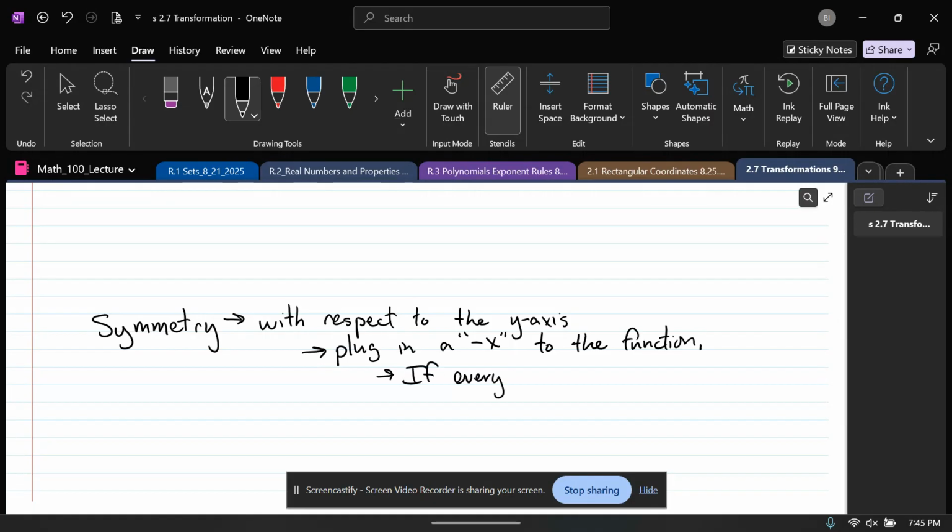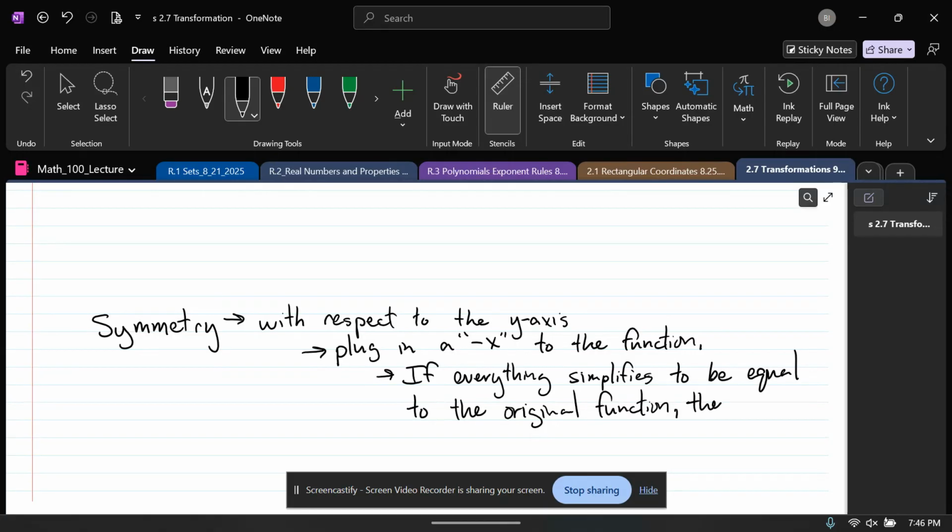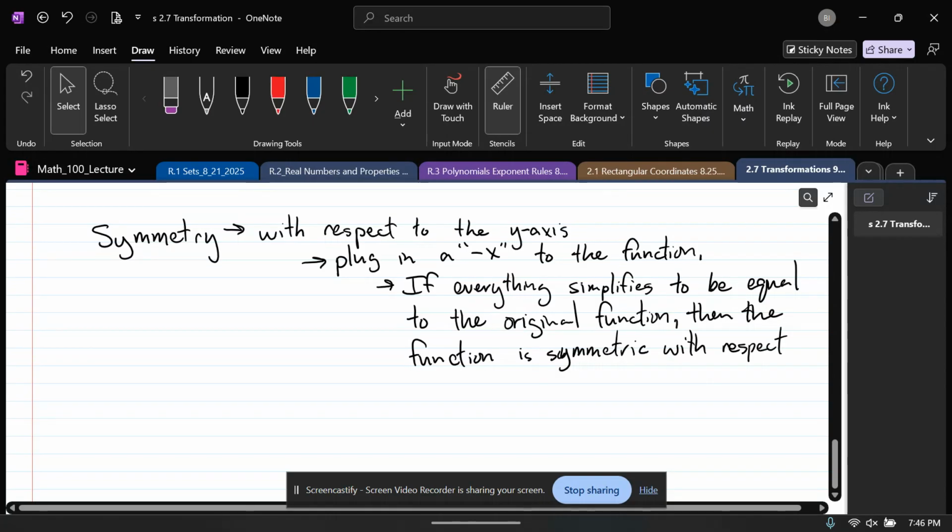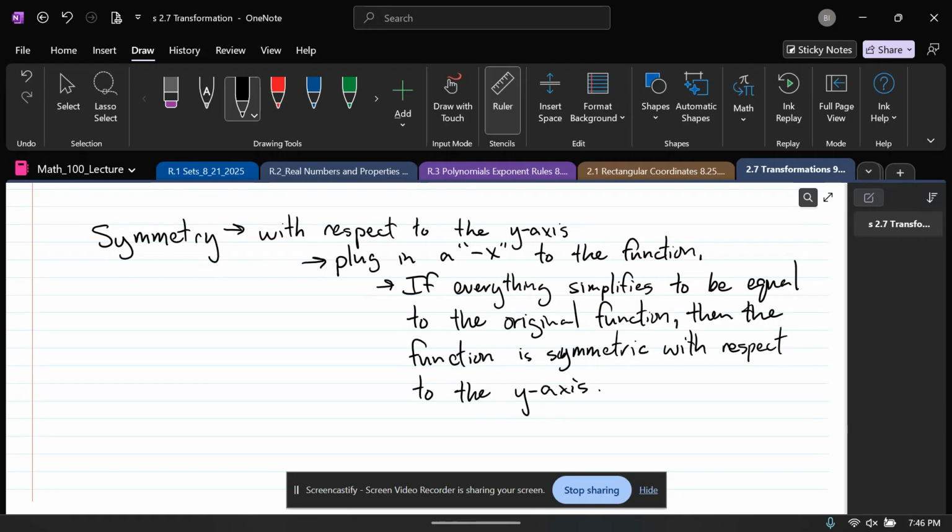If everything simplifies to be equal to the original function, then the function is symmetric with respect to the y-axis. So that's one type of symmetry.